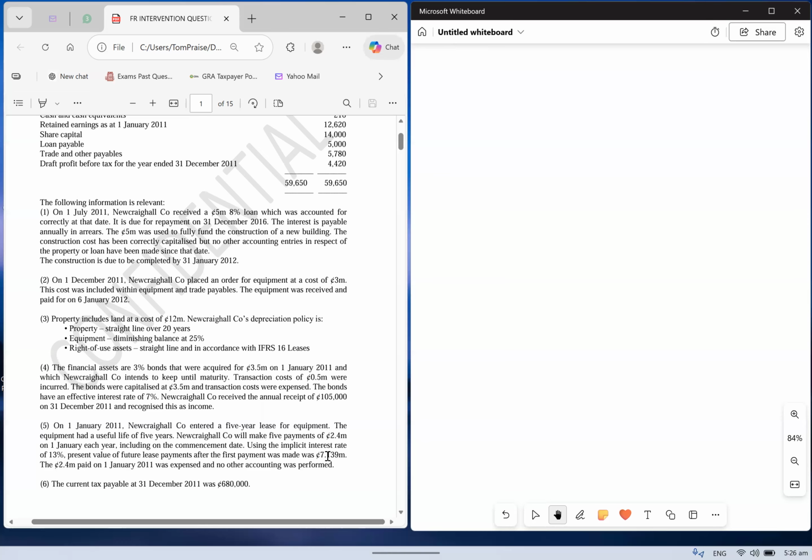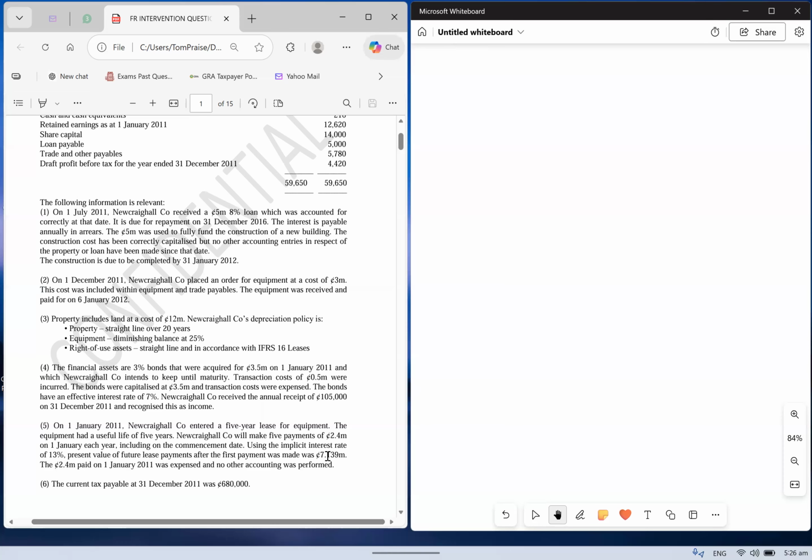All right. Then 4, the financial assets. So clearly, this will be another standard, which is this is also a financial instrument. So we will use that one to go over financial instruments. The financial assets are 3% bonds that were acquired for 3.5 million in January 2011, and which New Craig Hall intends to keep until maturity.